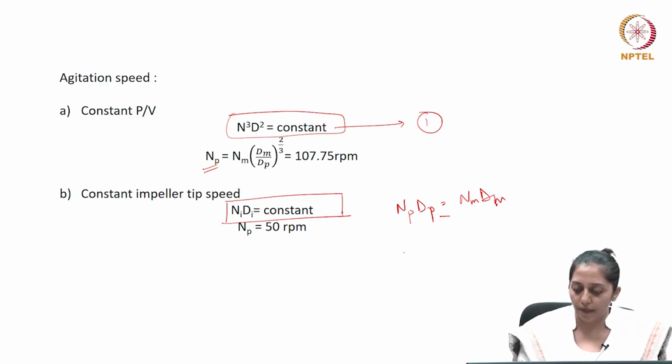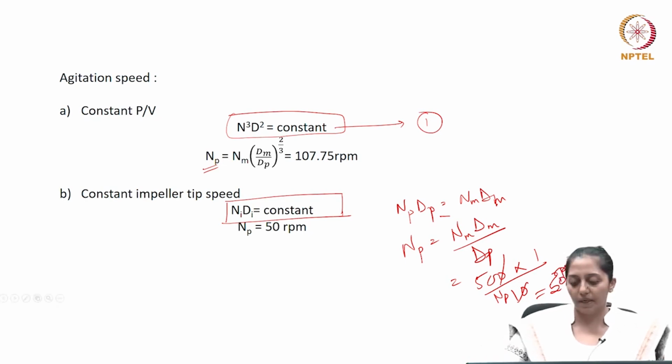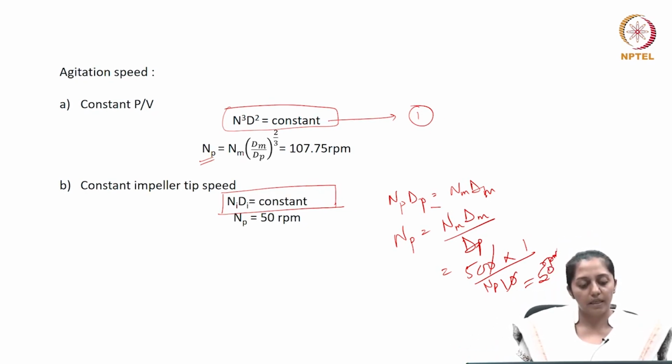So, if we need to find out the RPM at the prototype with a constant impeller tip speed, then it can be calculated as 1 by 10. The linear ratio was 10, a scale factor of 10. So, the impeller speed at the prototype will be equal to 50 RPM with constant impeller tip speed as the scale up criteria.